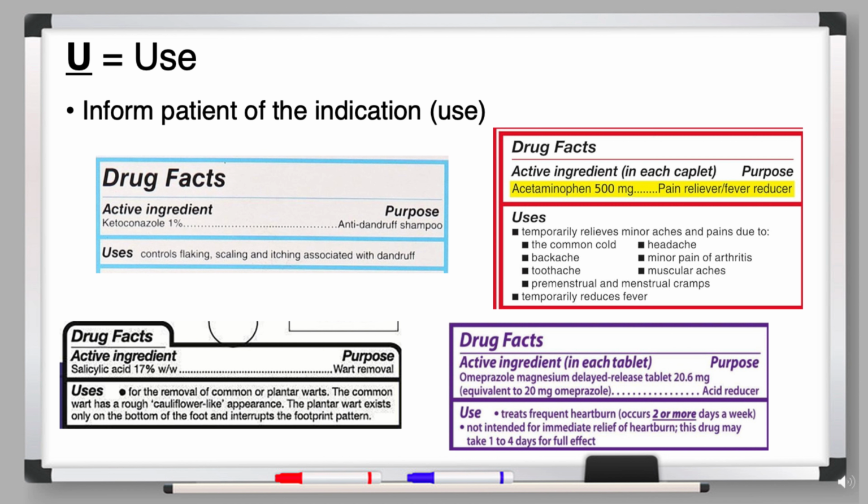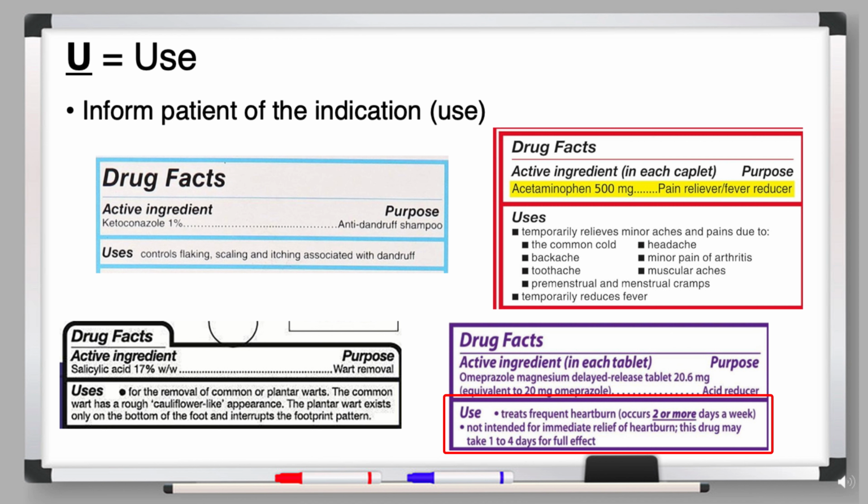And then lastly, on the bottom right, we see that some uses are a little more complicated depending on the product. In this case, this is labeling for the over-the-counter product Prilosec OTC. So after describing the name, strength, and dosage form for the patient, you would say that this medication is an acid reducer, and it's used to treat frequent heartburn, and by that I mean heartburn that occurs more than 2 days per week.